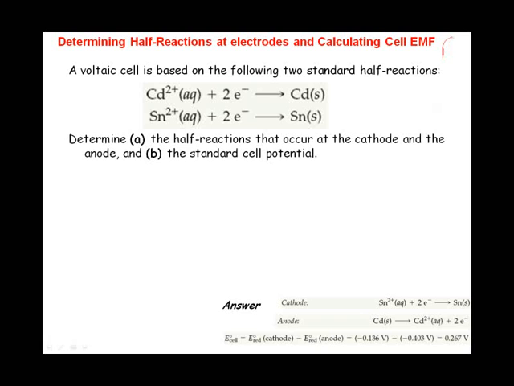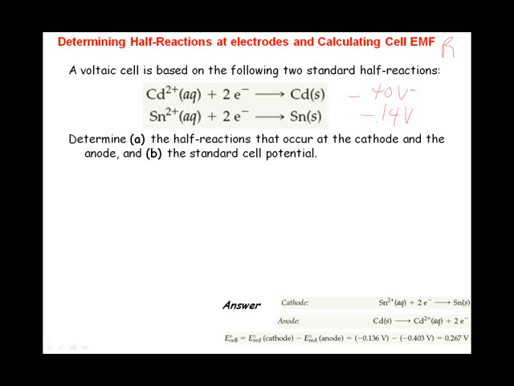Alright, so let's take a look at this one here. We have a voltaic cell based on the following two standard half reactions: cadmium plus 2 going to cadmium, tin plus 2 going to tin. Cadmium plus 2 is minus 0.40 volts, and tin plus 2 is going to be minus 0.14 volts.